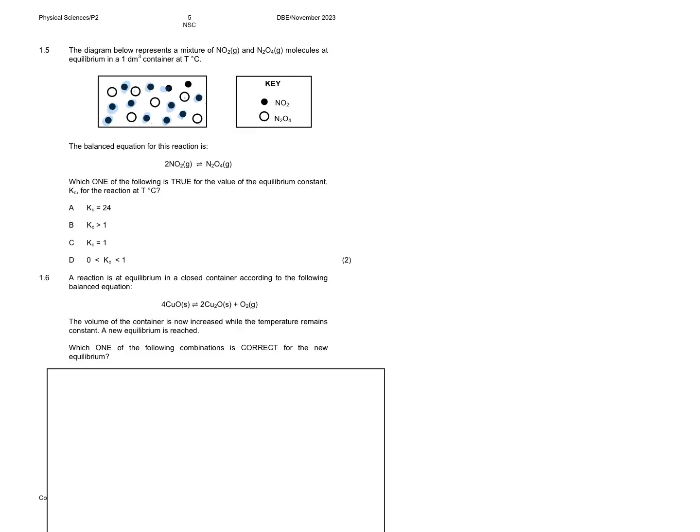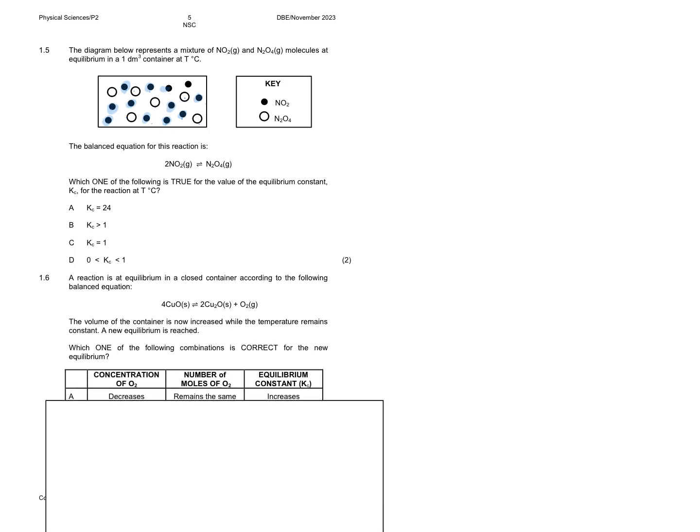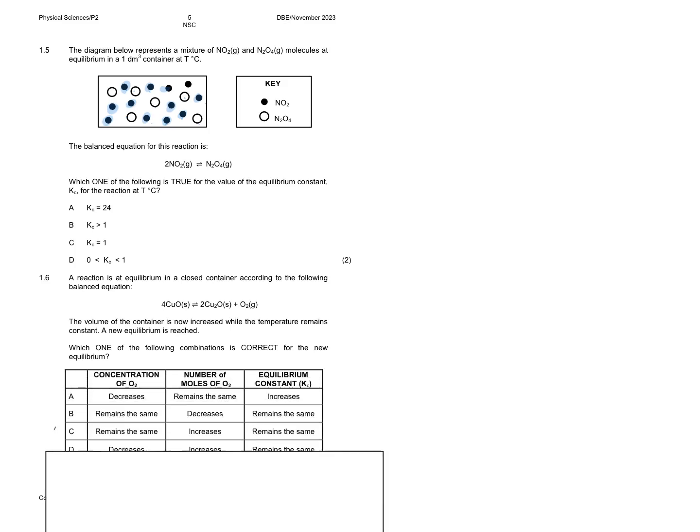Which one of the following combinations is correct for the new equilibrium? So they have increased the volume and kept the temperature the same. So now, again, if we know anything about KC, if the temperature remains constant, the KC will be constant.